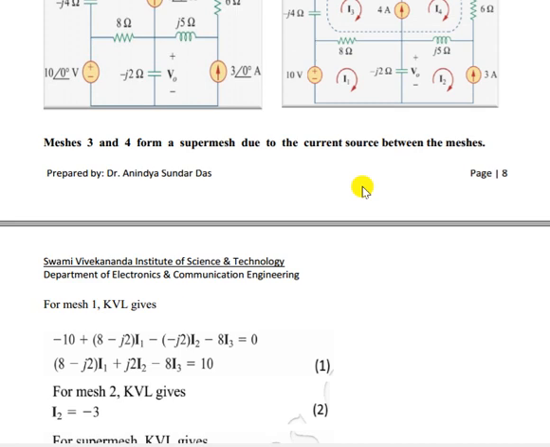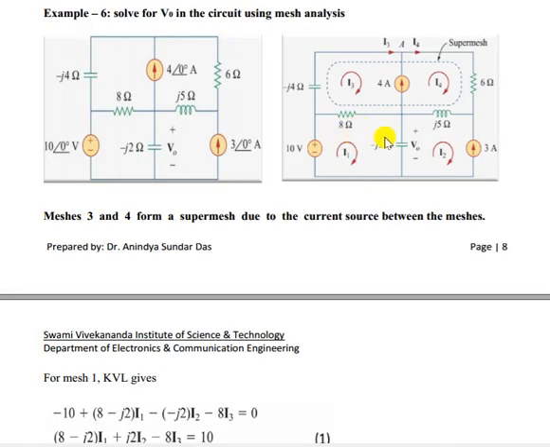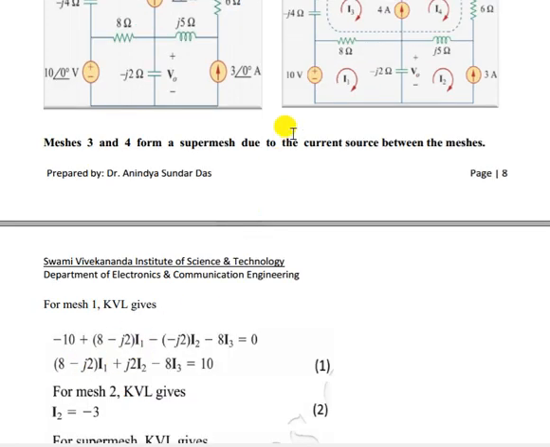Okay. Now for mesh 1, what is the equation? So this is enter negative terminal first, so minus 10, then I1 term, that is 8 plus minus J2, so minus J2 into I1, then minus 8 into I3, then minus of J2 into I2.